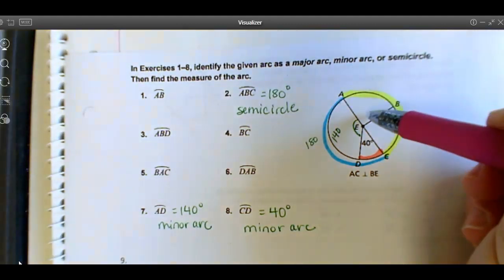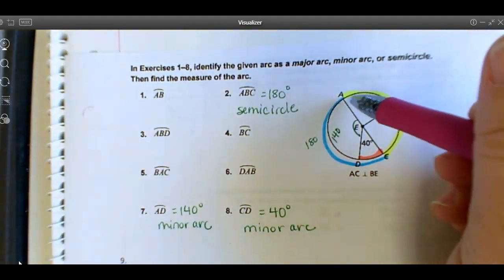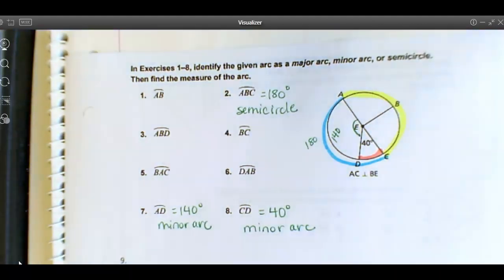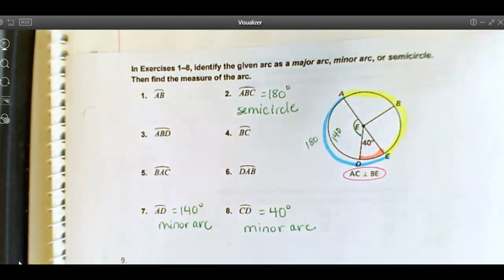Now, I don't know these two angles right here. So finding the arcs that go with them seems like it's going to be kind of hard. However, there's instructions right here. It says that AC is perpendicular to BE. If I have a diameter and a radius that are perpendicular, that means those two angles are both 90 degrees.